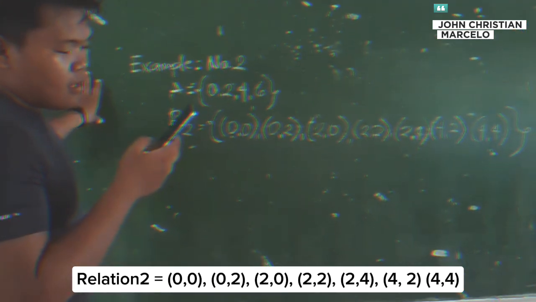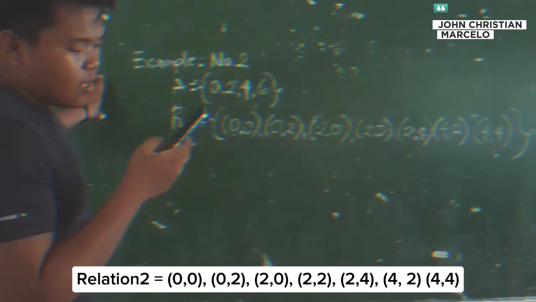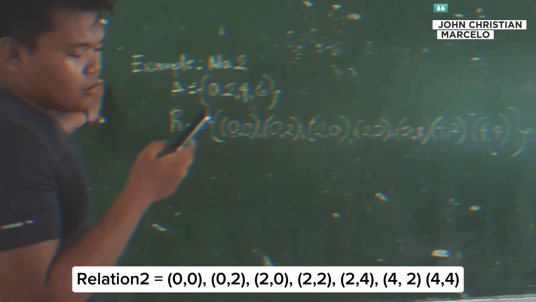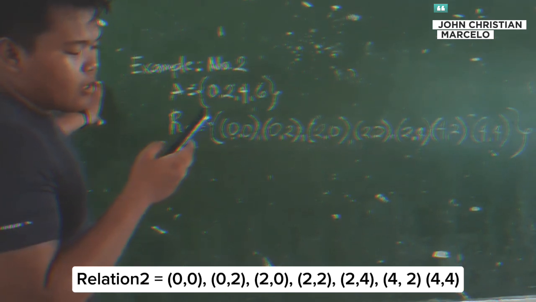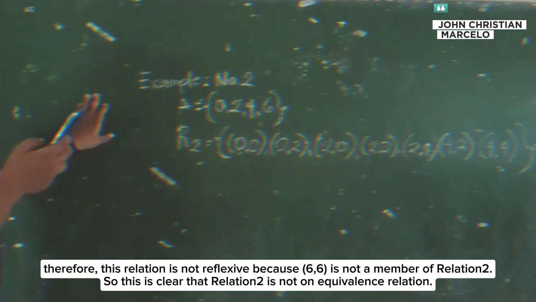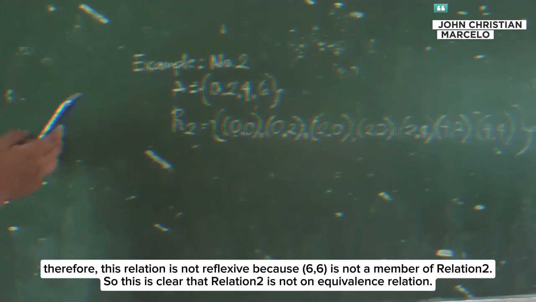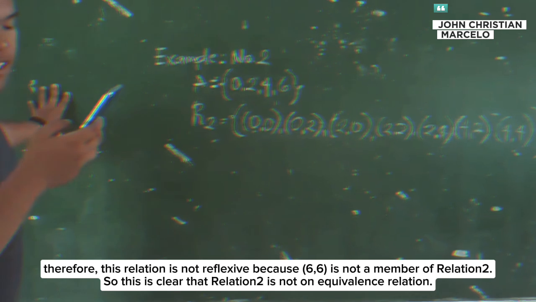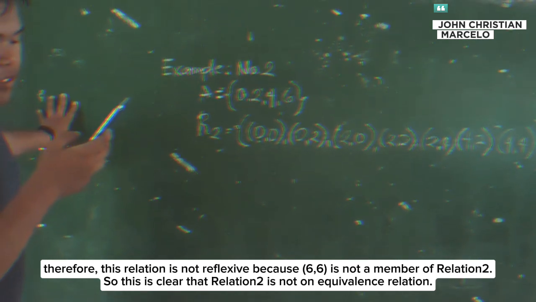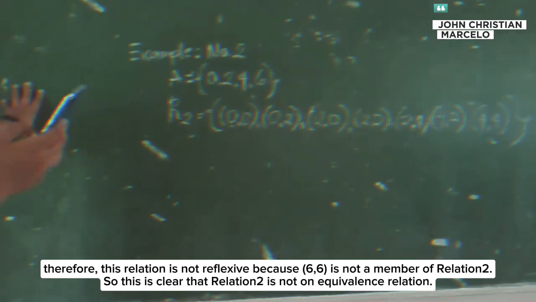First, is relation 2 reflexive? We have the ordered pairs (0,0), (2,2), (4,4), but there is no ordered pair (6,6). Therefore, this relation is not reflexive because (6,6) is not a member of relation 2. So it is clear that relation 2 is not an equivalence relation.